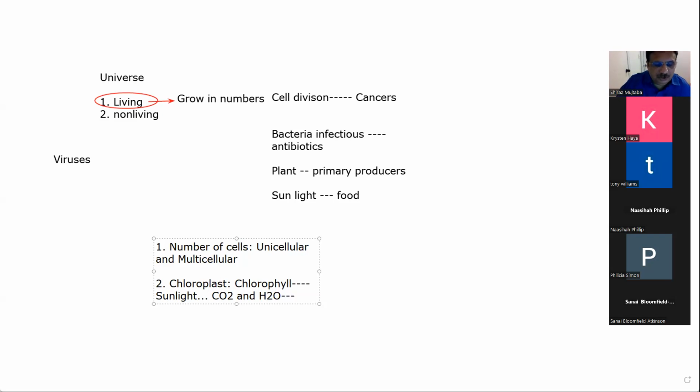So on the basis of the presence of chloroplast, there could be a plant kingdom and animal kingdom. On the basis of number of cells, unicellular and multicellular organisms. The third basis could be the presence or absence of nucleus.